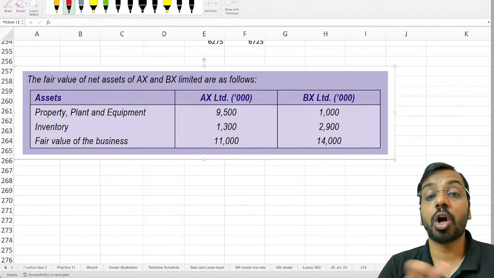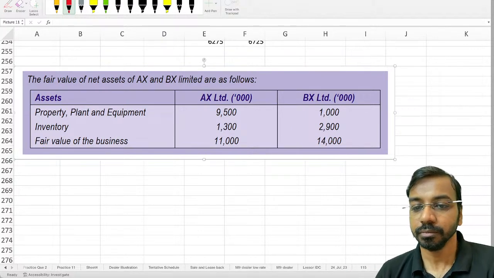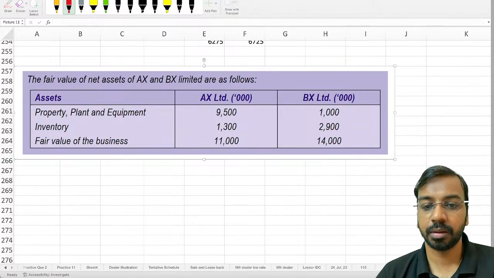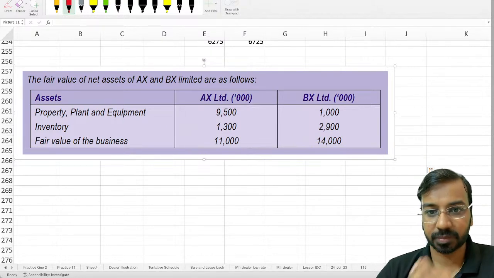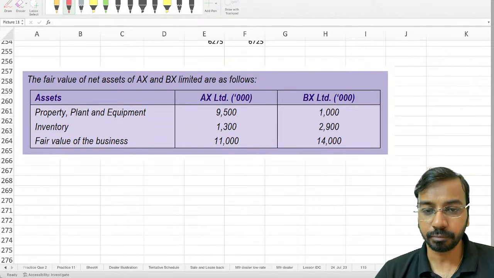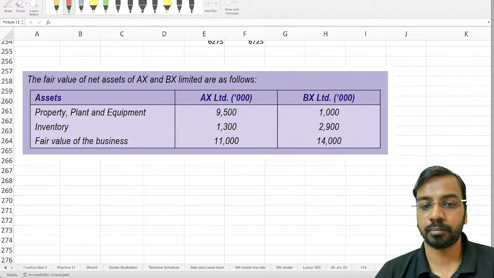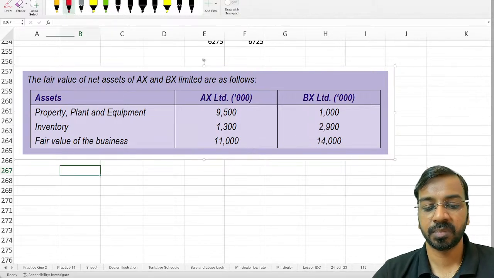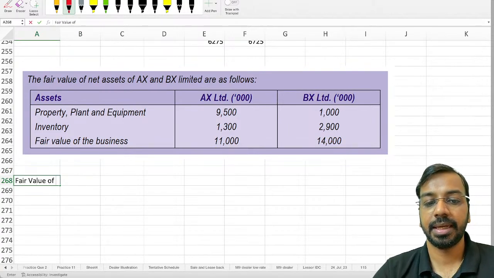Right. Now in the second scenario, what we have to do is take the fair value, determine the purchase consideration accordingly, and also see which entity will take over. That is, if it is not a common control transaction, then who is controlling? Fair value of business is how much? 11,000 for this, 14,000 for this.